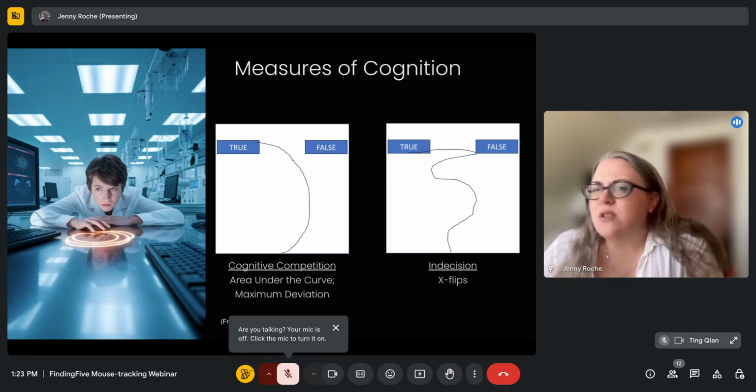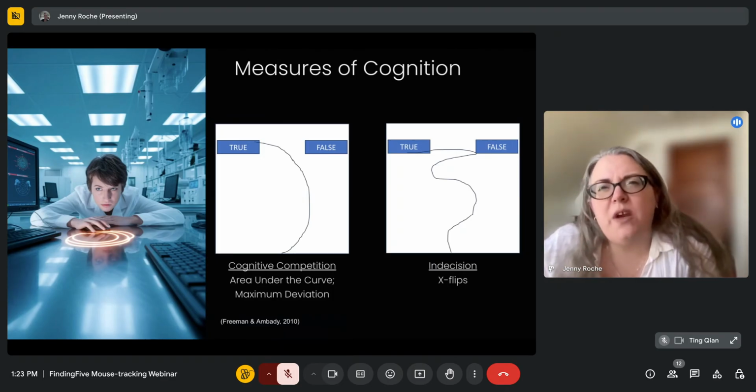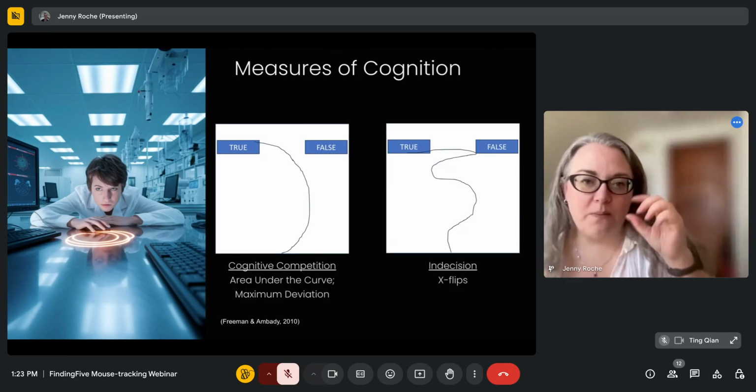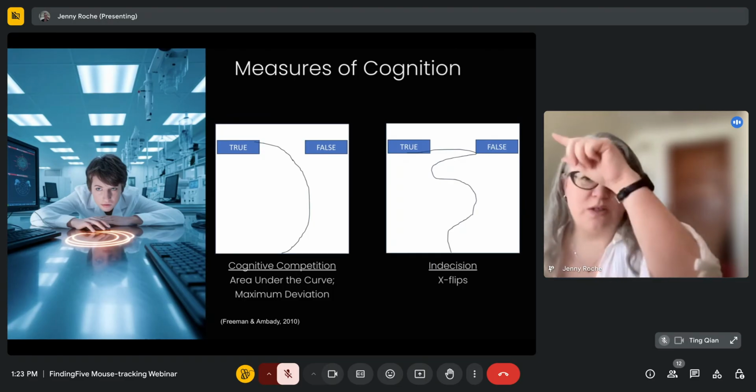You can also get measures of velocity, reaction time, or response time. You have to be a little bit careful about response time because you have to make sure that their response time has to do with them actually moving their mouse, because sometimes they will hover their mouse where they click the start button and then shoot straight up.